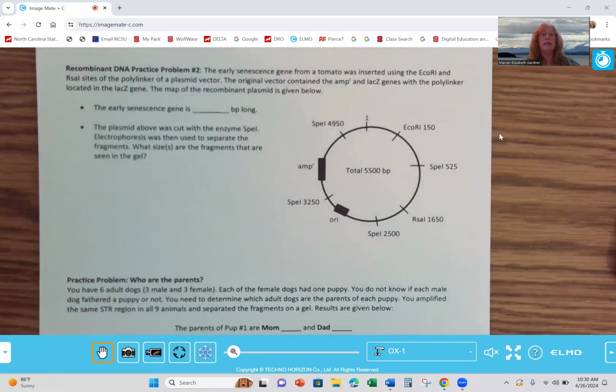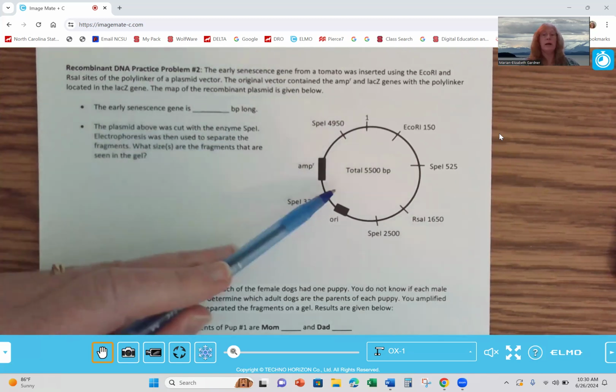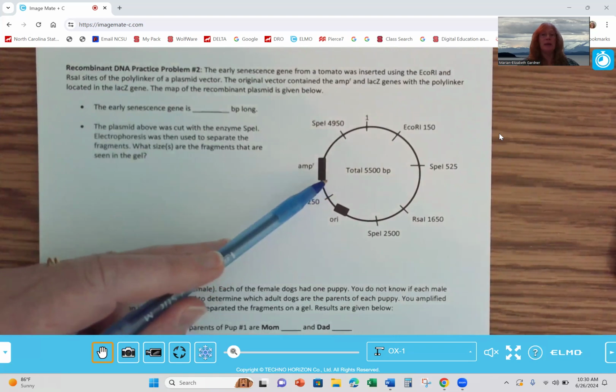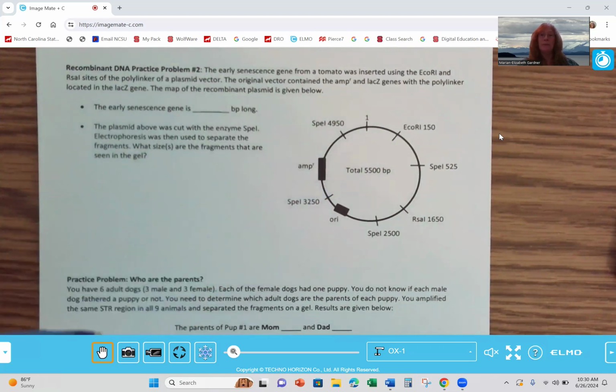The original vector contained ampicillin resistance and LAC-Z genes with the polylinker located in the LAC-Z gene, and the map is shown here. You want to first find out how big the early senescence gene is, and then you want to cut this recombinant plasmid with the enzyme SPE1 and see how big the pieces would be after they're separated by electrophoresis.